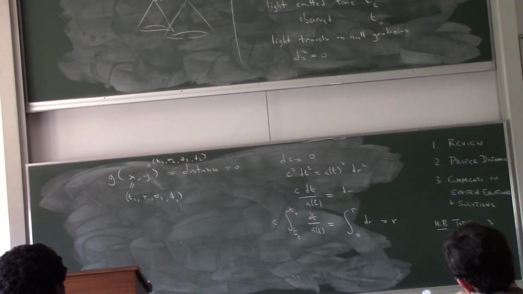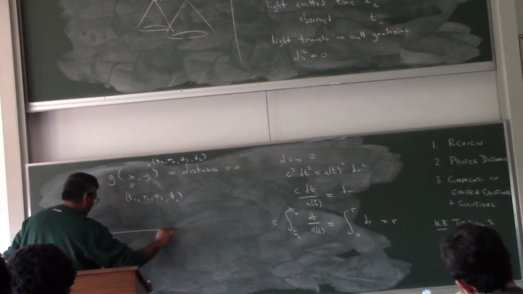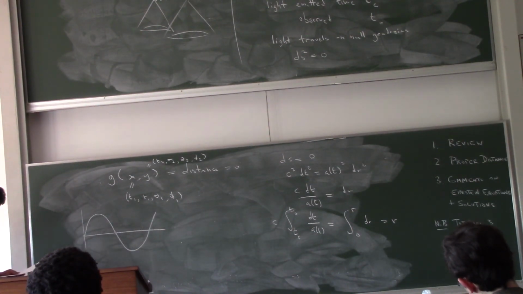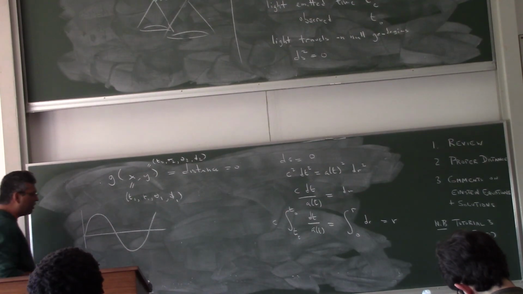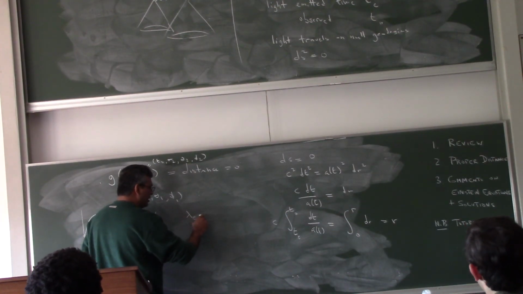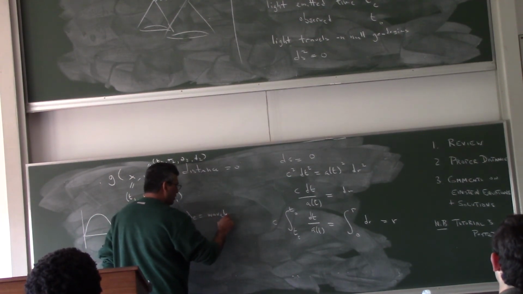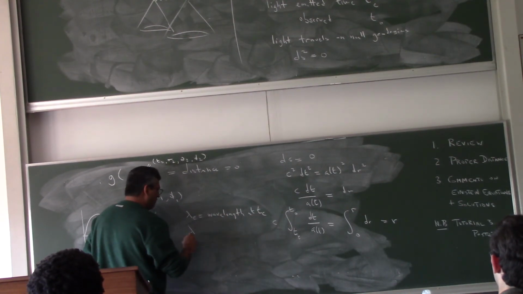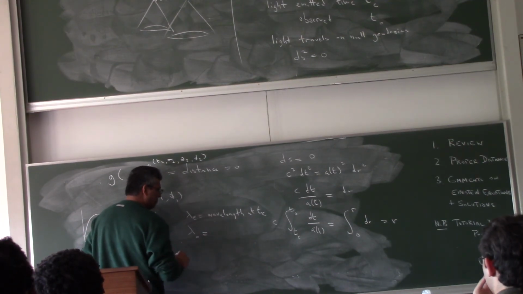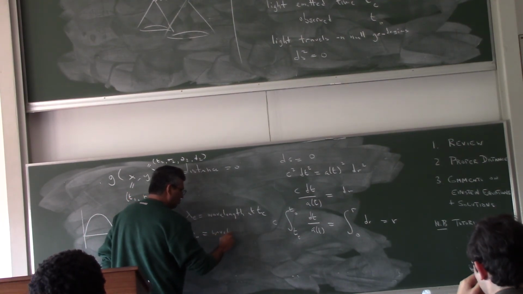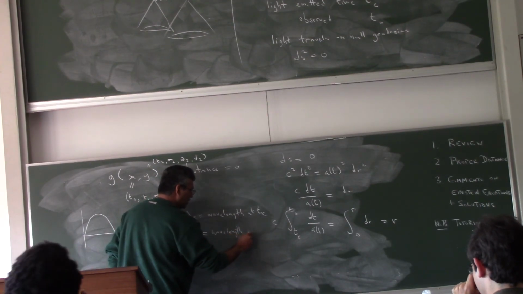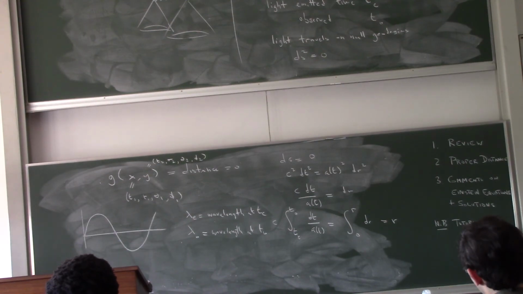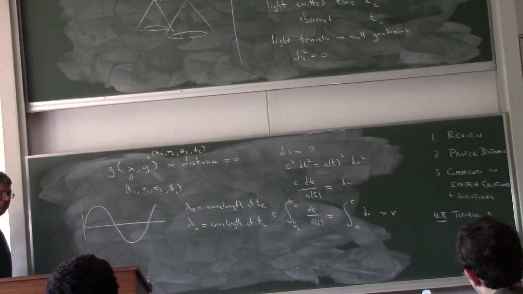So remember that light is a wave. So let's look at the wavelength at time of emission, which is lambda e, and the wavelength today is lambda 0. Okay? So let's look at what happens when we consider the next wave crest.